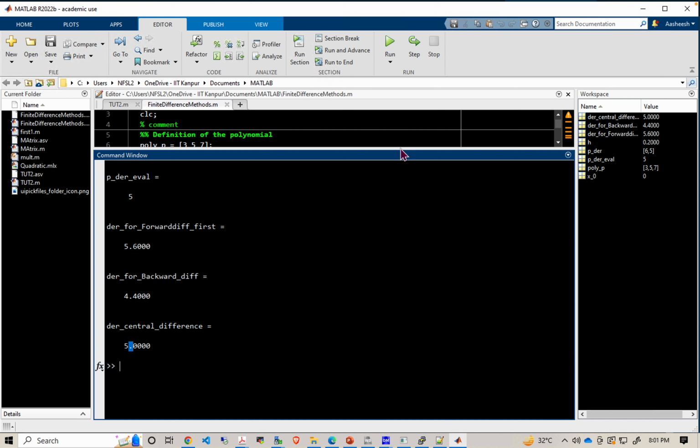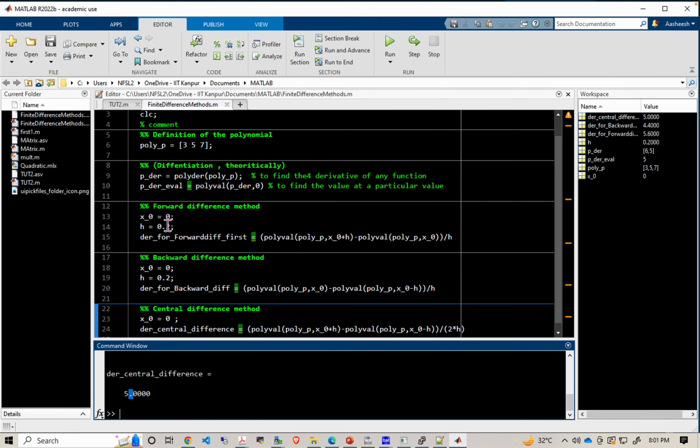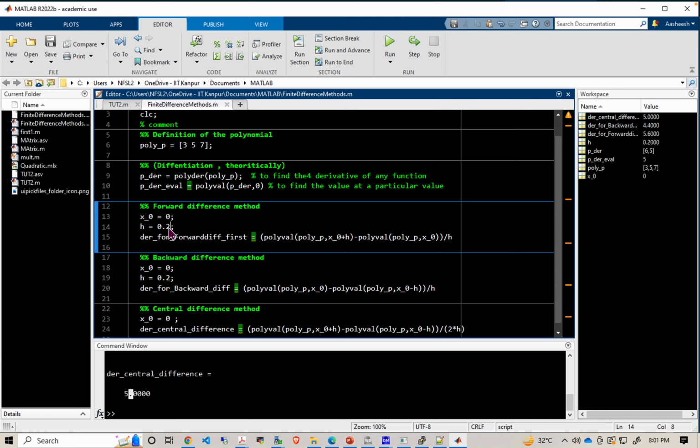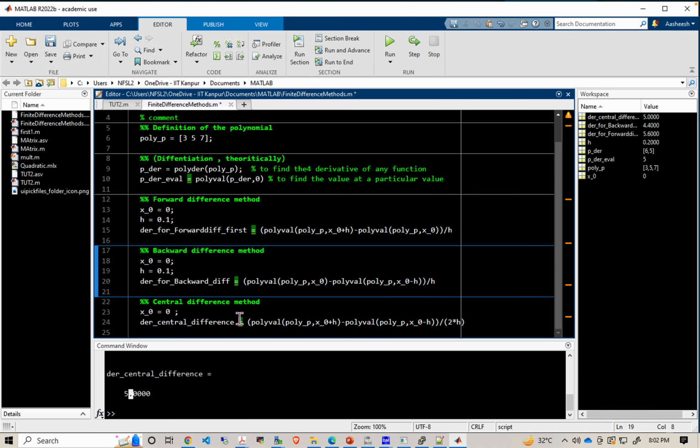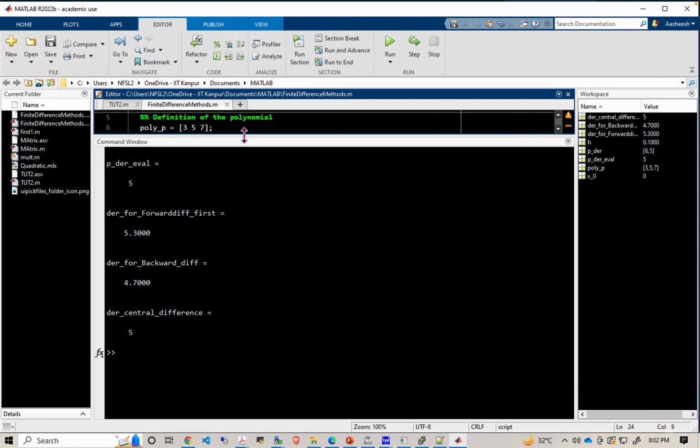Now let's reduce this h in each section. Reducing h means increasing the meshing. So 0.2 to 0.1 I have converted. Okay, here also I need to define h. So let's see what's the difference coming.